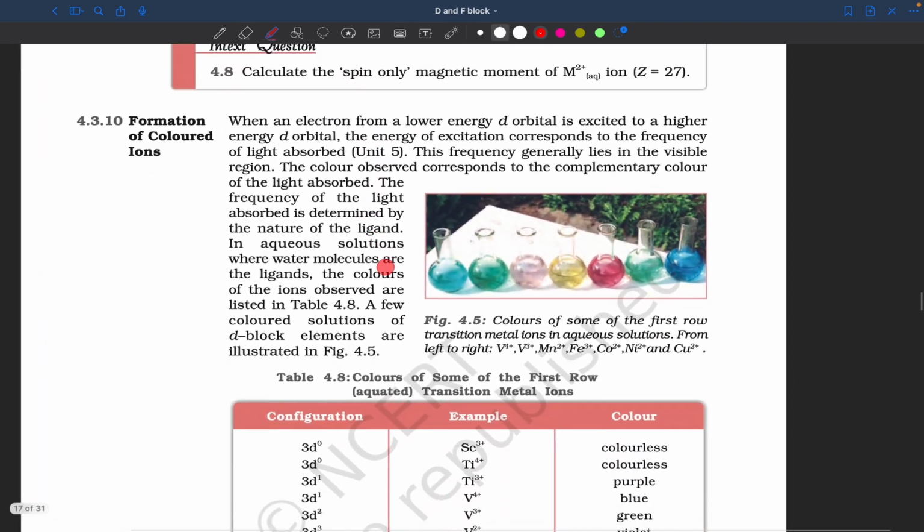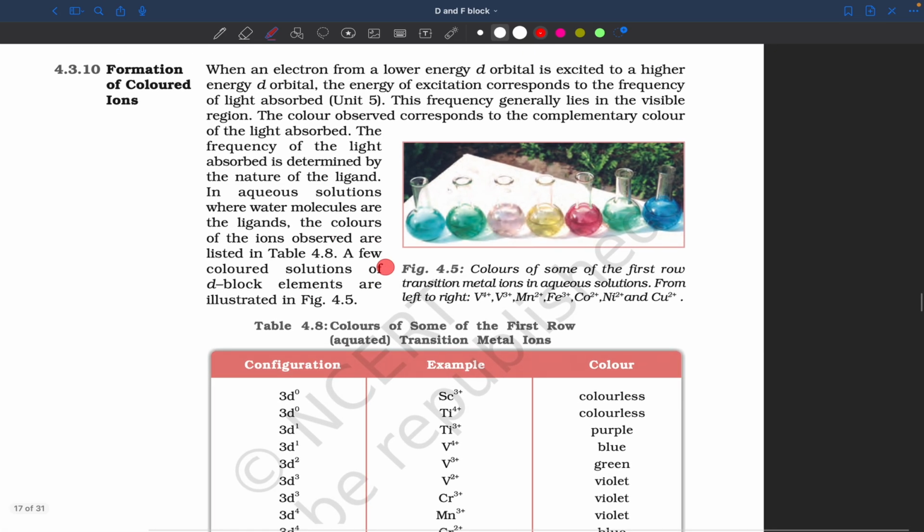Right. Next one, formation of the colored complexes. When an electron from a lower energy d orbital is excited to a higher energy d orbital, the energy of excitation corresponds to the frequency of light absorbed. This frequency generally lies in the visible region.